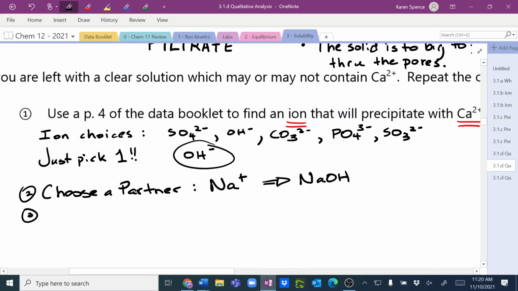What do we do with the NaOH? We just fling it around the room like confetti. What do we do with our NaOH? Add it to our solution. How much do we add? An excess, add an excess.